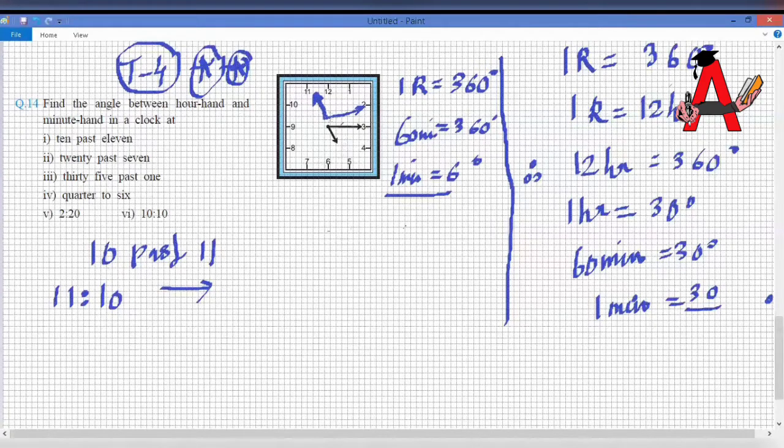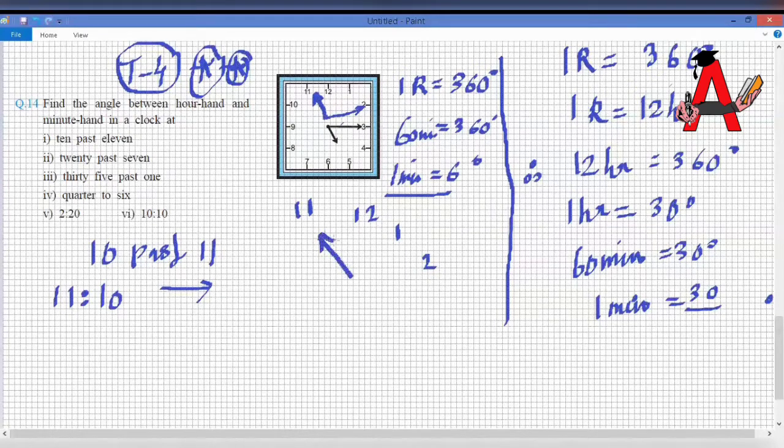Now I'll try to explain you conceptually. Suppose this is 11, this is 12, this is 1, and this is 2. Now if the angle was exactly like this, 11:10, but it is not always 11:10, because 11 o'clock is exactly at 11, but once it is 11:10, it moves slightly above.